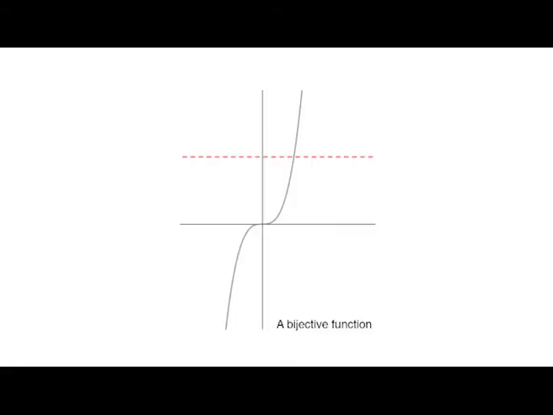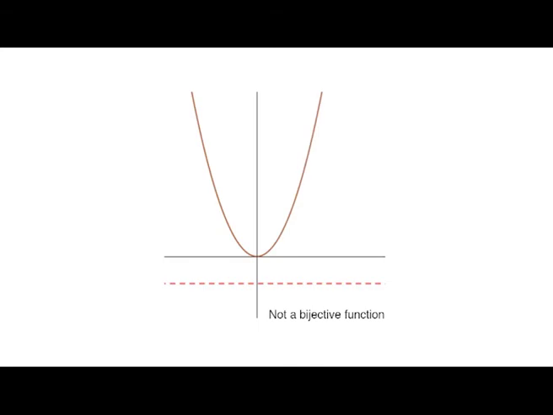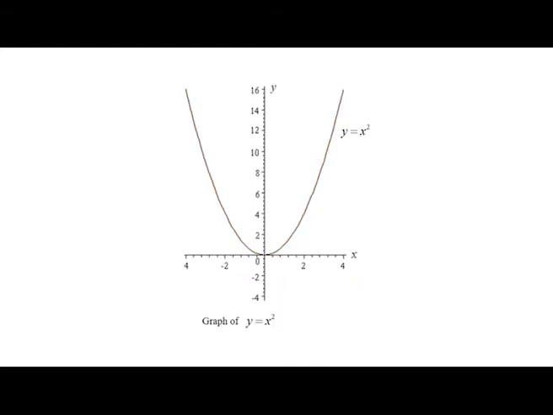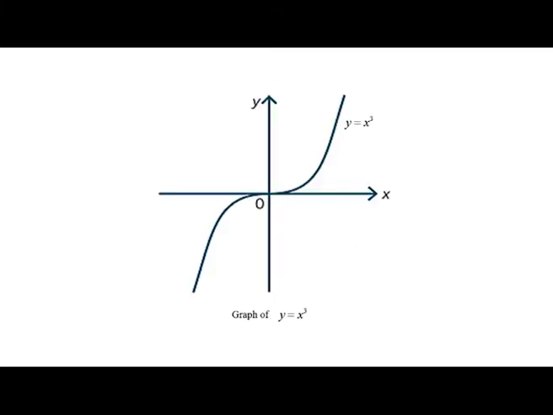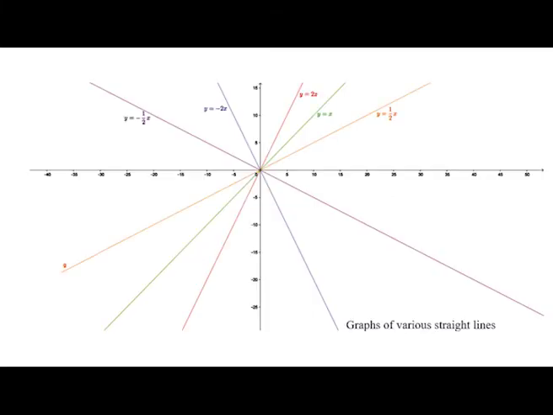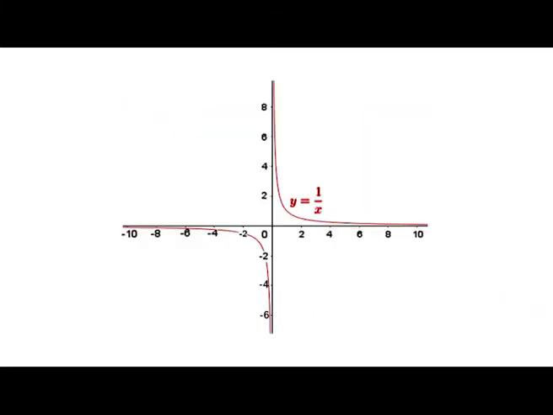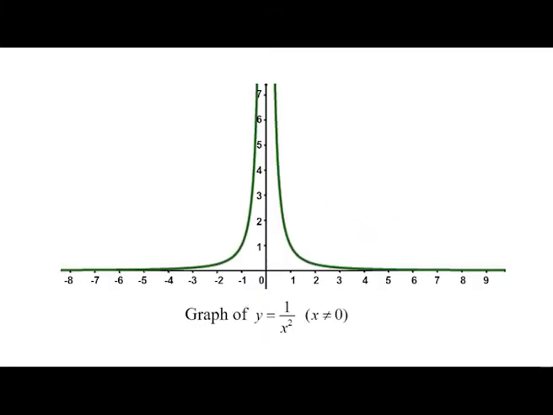Accordingly, the function f from R to R is one-to-one and onto, that is, f is bijective, if and only if each horizontal line in R² intersects the graph of f in exactly one point. We now display the graphs of several functions frequently encountered in differential calculus. It is a good idea to learn the shapes of these graphs so that you can recognize them or sketch them when the need arises.